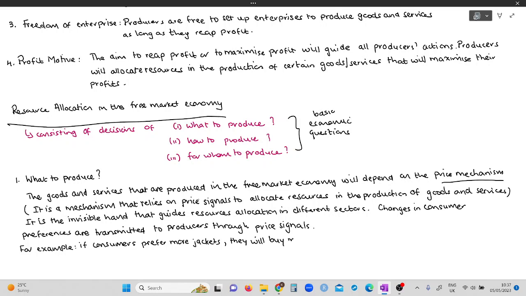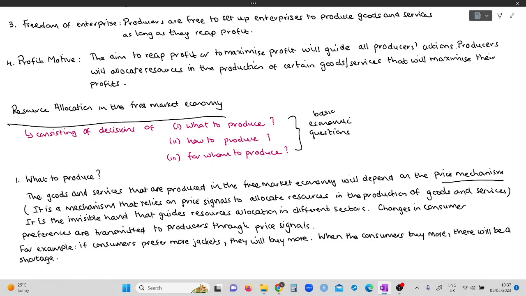Correct? Donc, more they buy, qu'est-ce qui se passe? Il y a une pénurie. OK? When the consumers buy more, there will be a shortage.